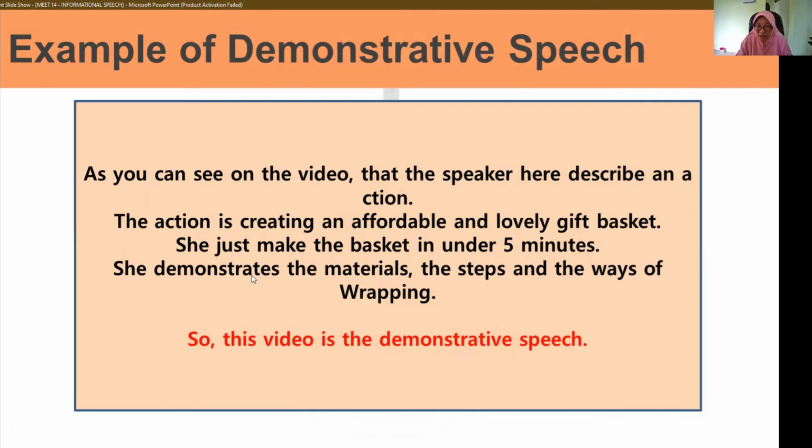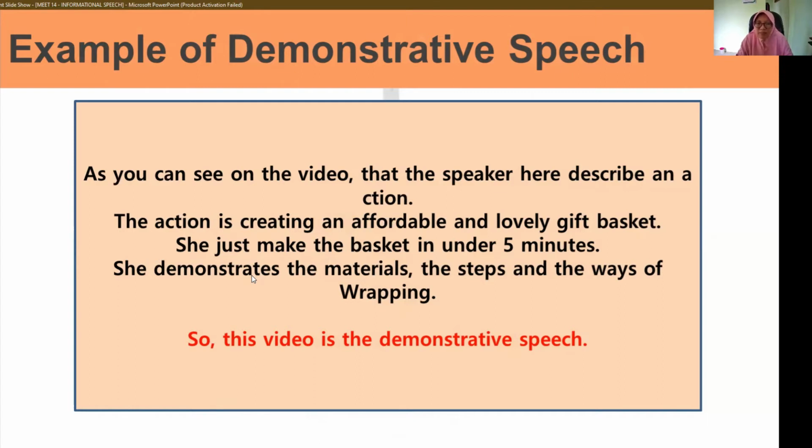The action that the speaker is doing here is creating an affordable and a lovely gift basket. The speaker is going to create a beautiful basket here, which consists of some gifts, and then the speaker is going to demonstrate to you how to make it beautiful, how to make it affordable.